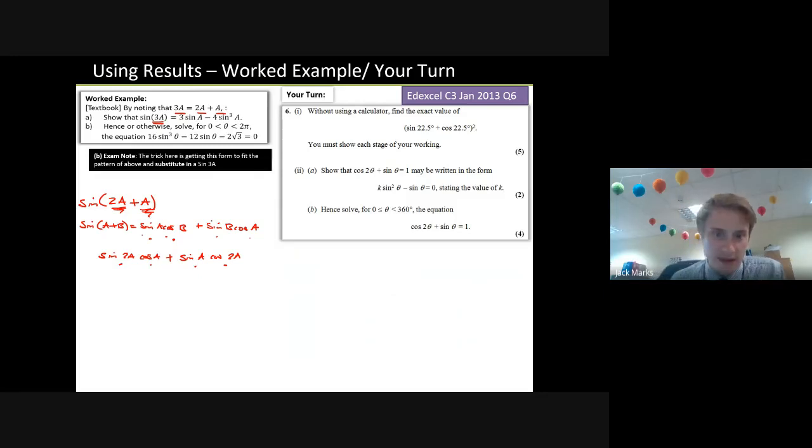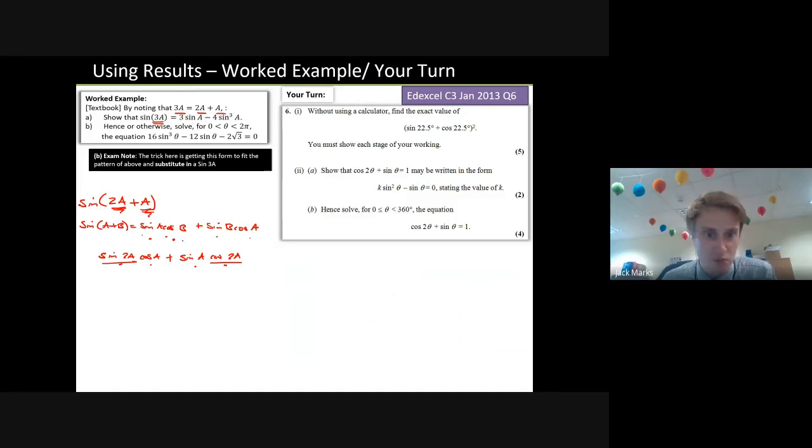Now, if we look at that and we look at what we need to get, sine a, okay, I can kind of see that happening. The cubed, it's not obvious where that's coming from yet. But what have I got here? I've got lots of stuff about 2. So I've got it there and I've got it there. And there's a rule for that as well.